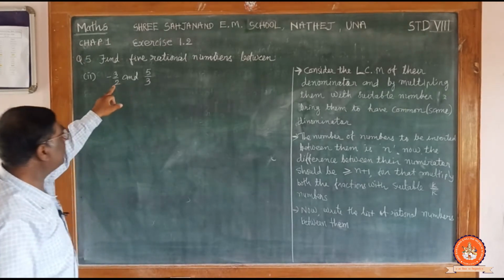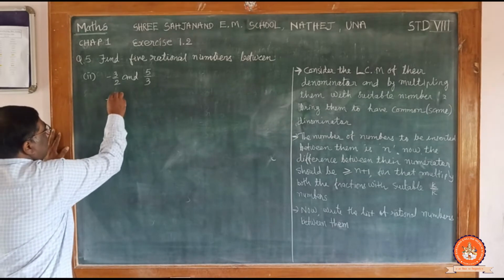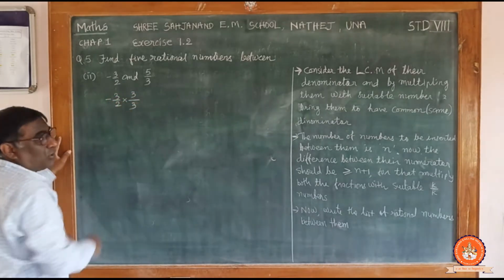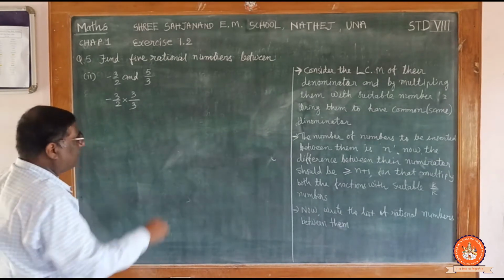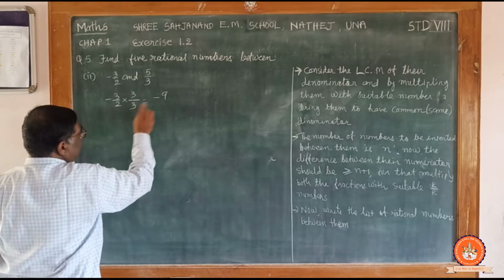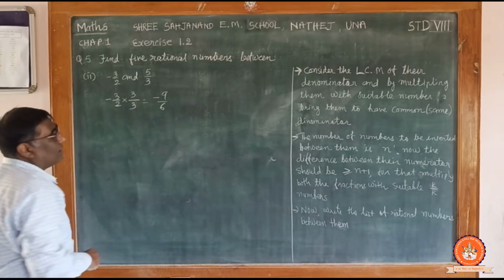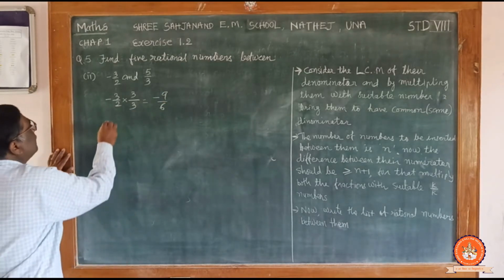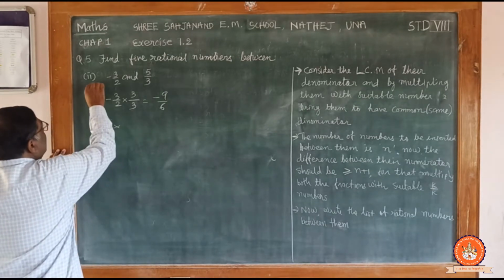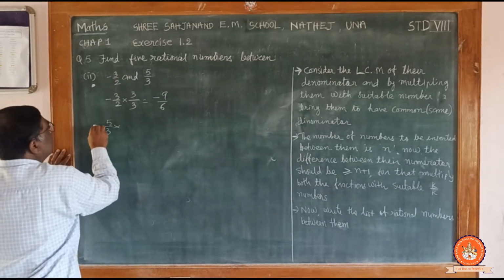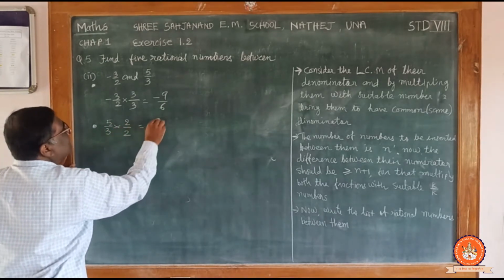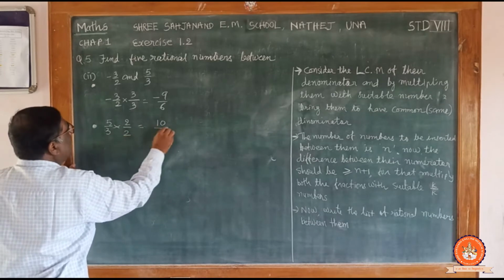So we have to multiply minus 3 by 2 into 3 upon 3 because we want 6 as a denominator. So that is minus 9 upon 6. Now the second number, 5 upon 3, we have to multiply by 2 upon 2, that is 5 2s are 10 and 3 2s are 6.